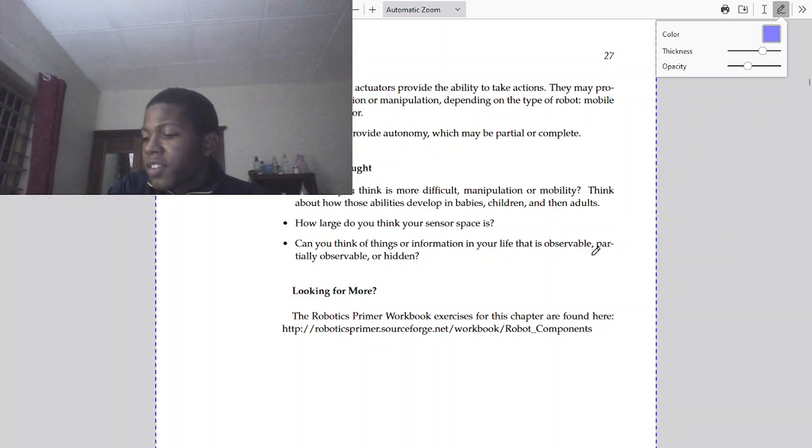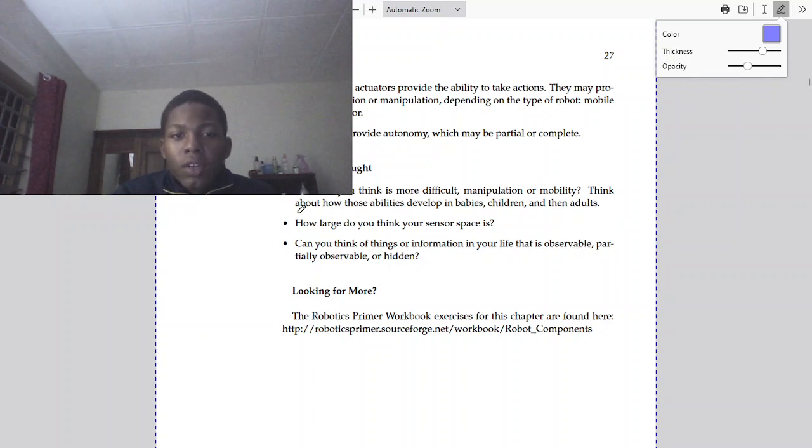The same process that you use for manipulation, you use for mobility. It's just that you're manipulating the robot's body. So you observe your environment and you take action to achieve the goal. But mobility requires you to know much more about your environment and to take more and more complex action to achieve whatever that goal is.